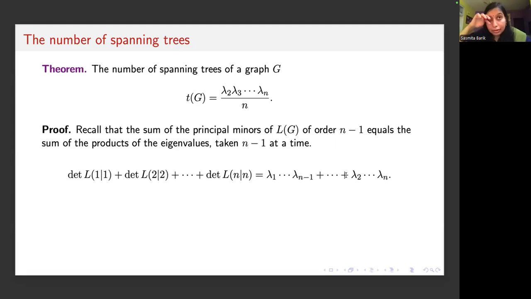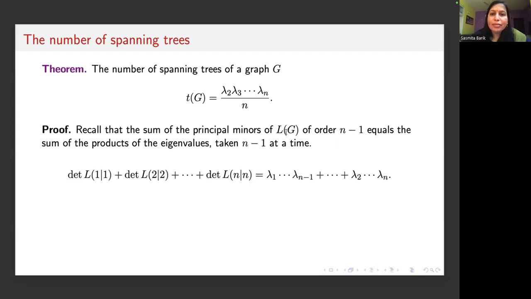This happens for any matrix, okay? You can take size 1 cross 1, and here you will get lambda 1 plus lambda 2 plus and so on; this side will be the trace and this side is the sum of the eigenvalues. Similarly, you can take 2 cross 2 also, that will give all possible products of two eigenvalues. That is true for any matrix.